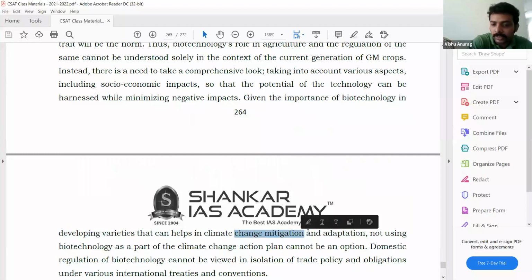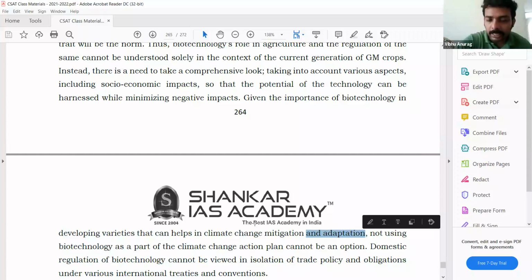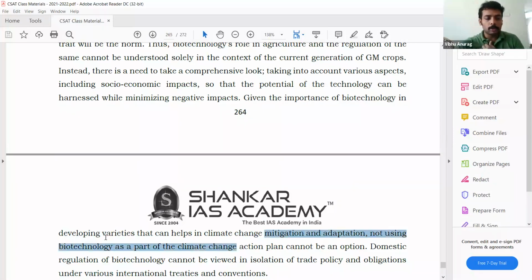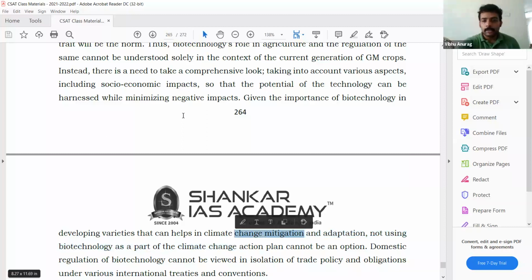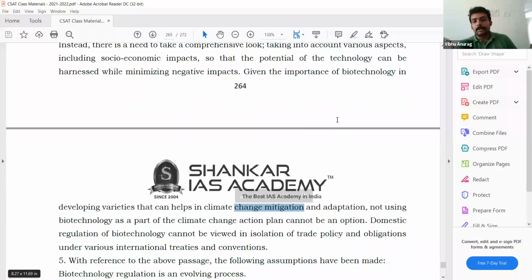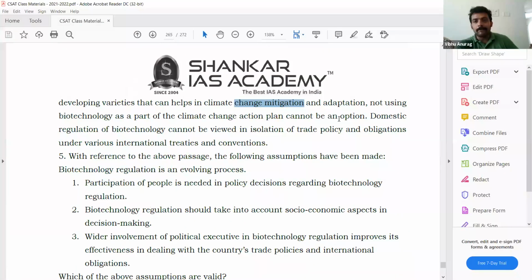Mitigation means minimization and adaptation means change. So developing technology that will help in minimizing the impact of climate change and help us adapt to it, not using biotechnology as a part of the climate change action plan cannot be an option. So we have to use biotech. We can't stay without using it.